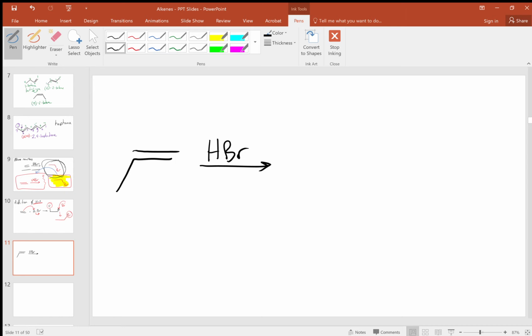But what's the product here? Well, what makes this one more complicated is the alkene is no longer symmetric. So we have two possible products. We could put the hydrogen on the middle carbon and the bromine over here, or we can put the bromine on the middle carbon.